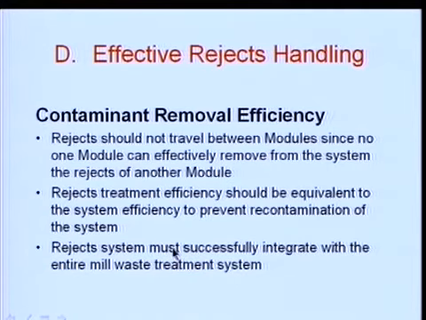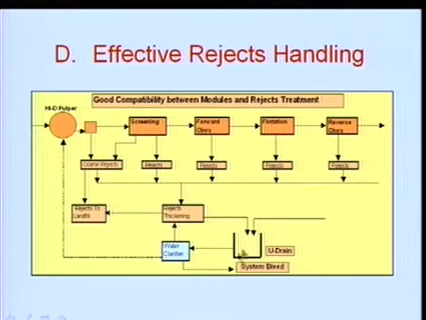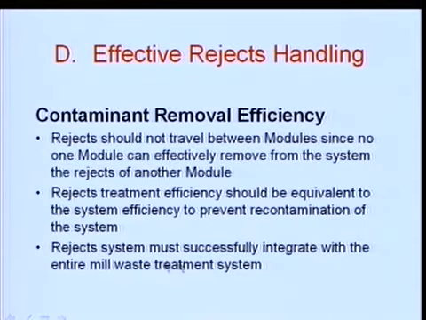Now in the last one we showed here, if you are throwing away some of the water bleed into the mill waste treatment or water treatment system, this must be compatible. If it's not, the mill wastewater treatment system will say, we don't want your water from the de-ink system or from the recycled fiber system, and then they are in trouble.